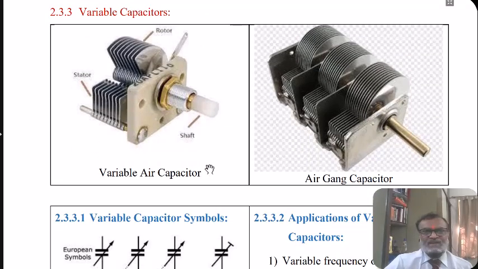The mechanical variable capacitor is shown here, with details you will observe in the figure. It consists of a mechanical assembly. There is one shaft on which a set of plates is welded, and there is an assembly in which fixed plates are welded.